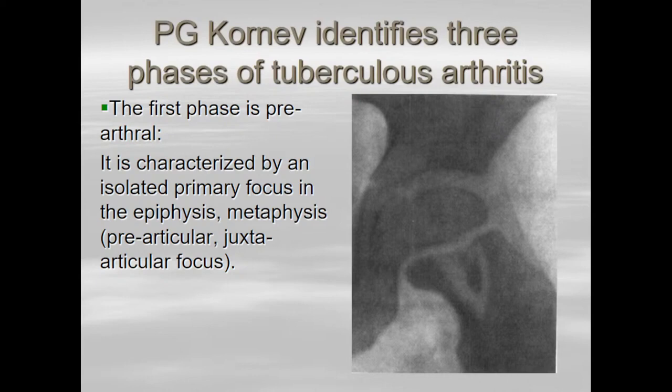Kornev identifies three phases of tuberculous arthritis. The first phase is pre-arthritic. It is characterized by an isolated primary focus in the epiphysis or metaphysis. Synonyms: pre-articular or extra-articular focus.